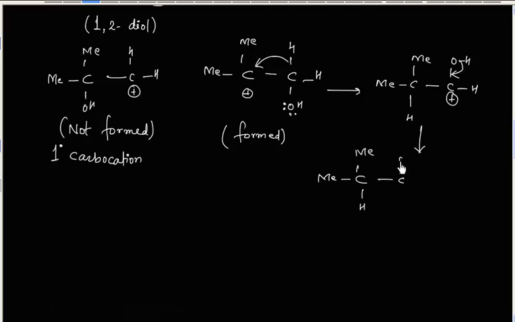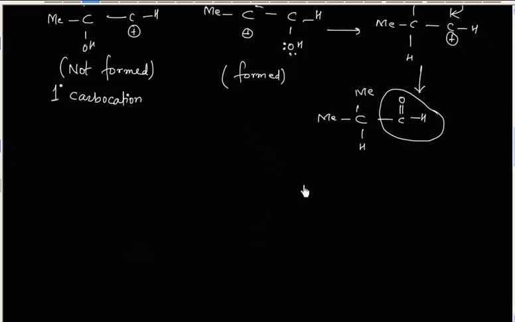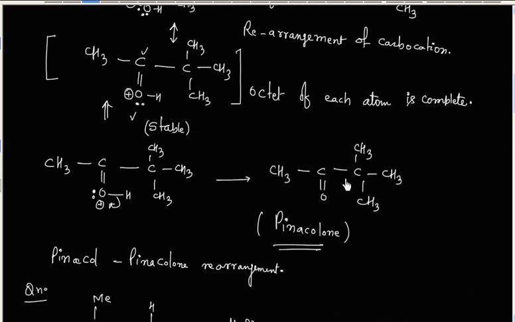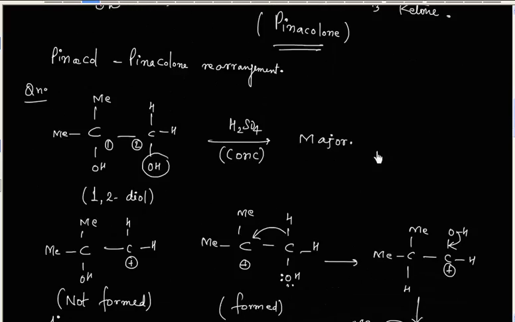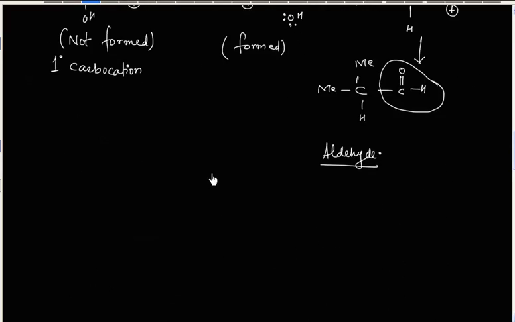And in this case, the final product is an aldehyde. So this contains an aldehyde functional group. If you see the previous one, the final product is a ketone. So depending upon the situation, the final product can be an aldehyde or a ketone.